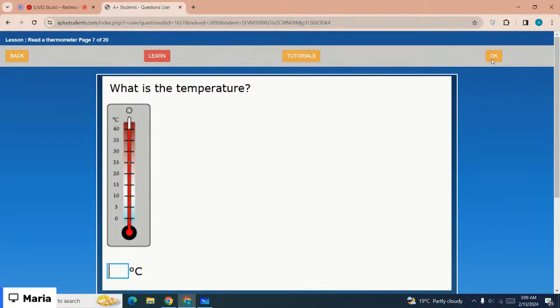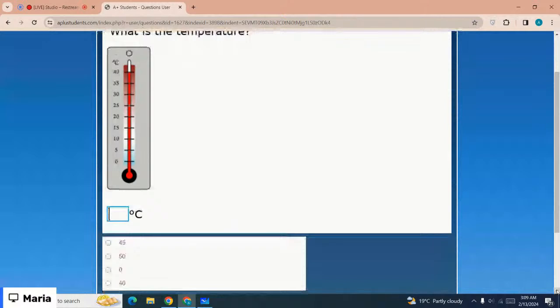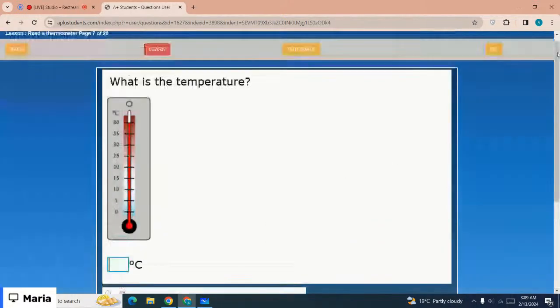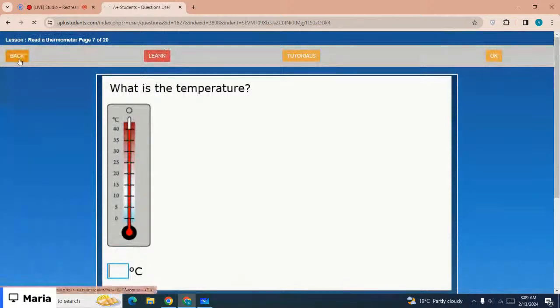What is the temperature? Which is the correct option? Yes, that is 40 degrees Celsius. The correct option is 40. Okay, you can complete the lesson by yourself today. Let me move on to the next lesson.